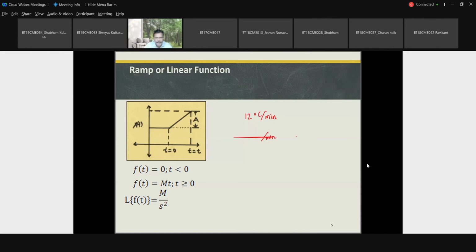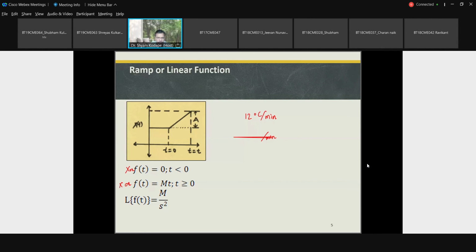ठीक है? So that time my ft function, ft और xt, okay, यहाँ मैं xt लिया है, यहाँ ft लिया है. ठीक है? The xt is 0. There is no change at a steady state before time t is equal to 0. But as soon as time t is equal to 0, the temperature starts increasing linearly.